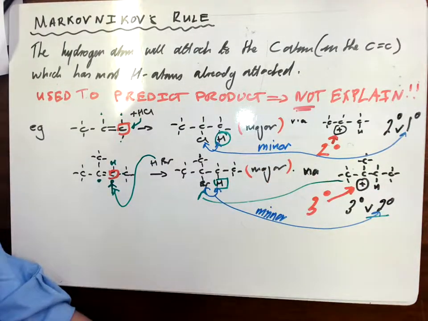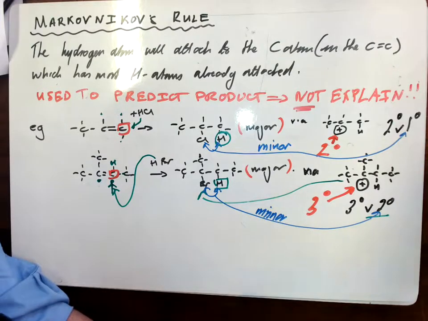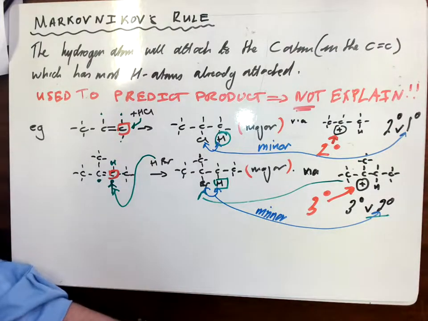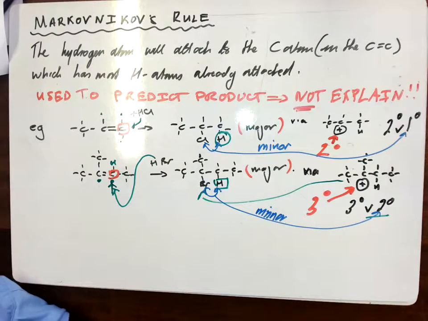Okay, hope that allows you to first of all work out what your major and minor products are, and secondly, and probably worth more marks, to actually explain why one is major and why one is minor.